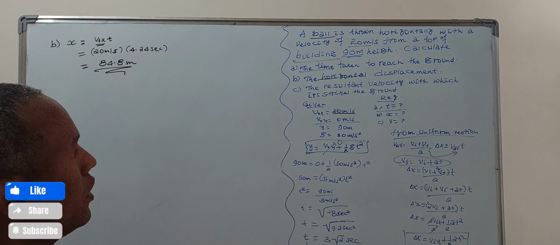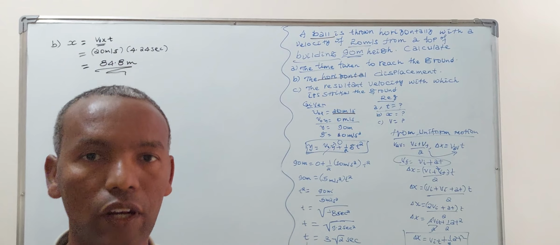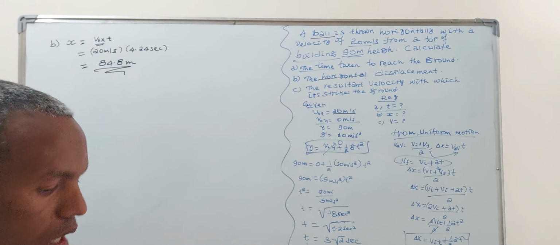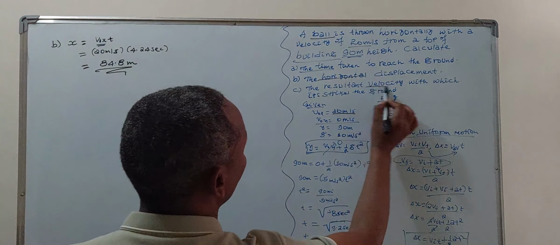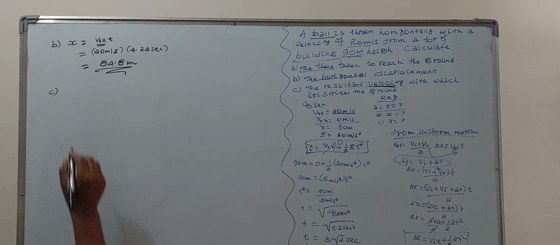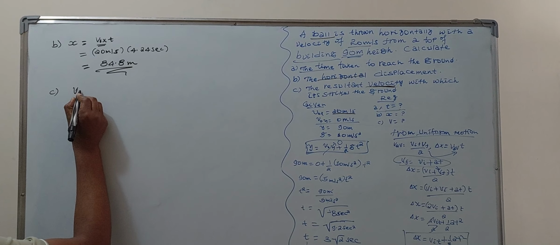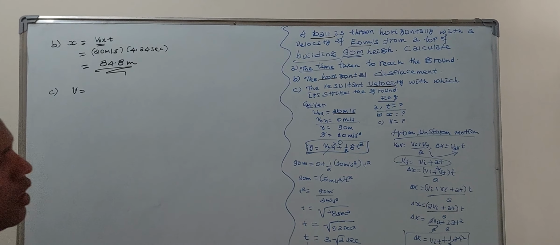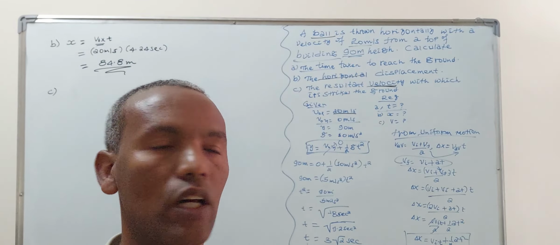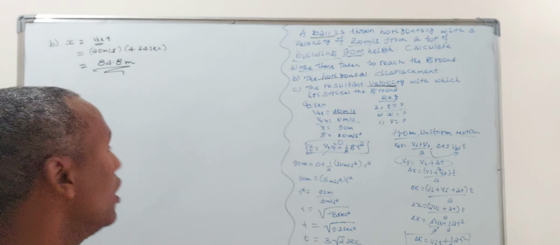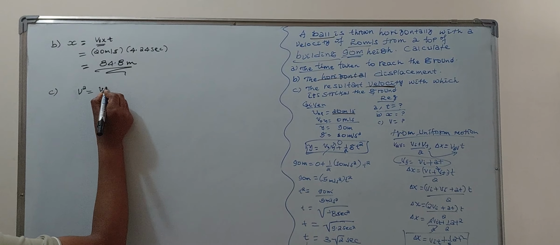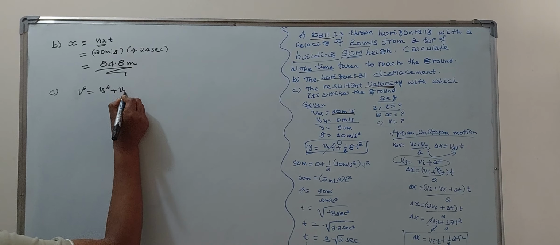So next is the resultant velocity of a ball, or a projected ball. To calculate the resultant velocity, which is c, that is v, you need to use the Pythagorean theorem to calculate the resultant velocity, which is a magnitude. So v squared is equal to vx squared plus vy squared.